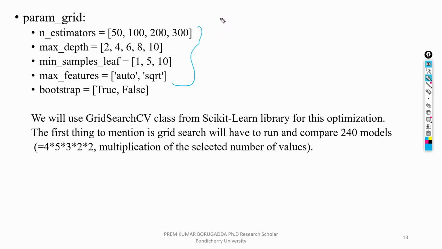If you take random search, randomly it will take this value and this value, this value and this value, and make one combination. From every hyperparameter it will identify one value randomly and make the combination. This combination is given to the model for fitting.